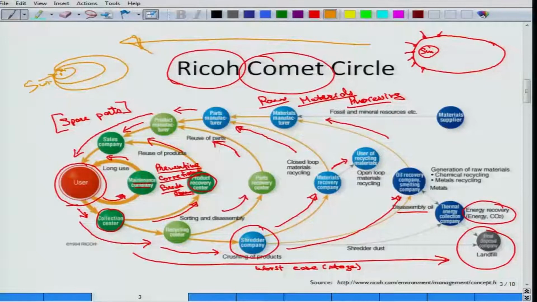For example, if I grade it or give them colors, I would give this green color, this orange color, and the last one red color. Okay.